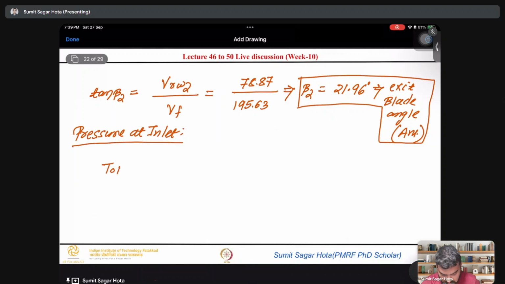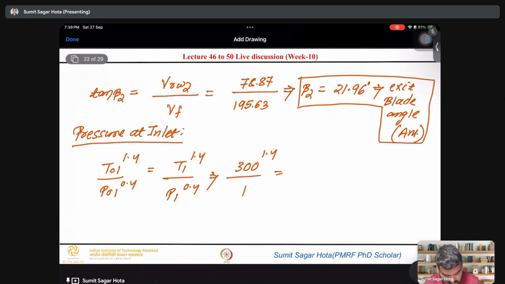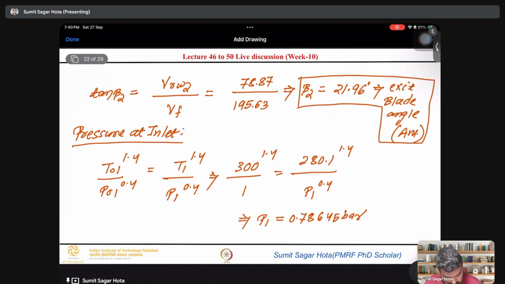Using T01 by P01, P1 is equal to 0.78645 bar. This is your P1.